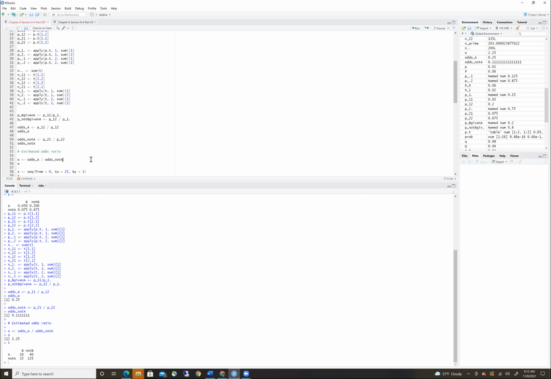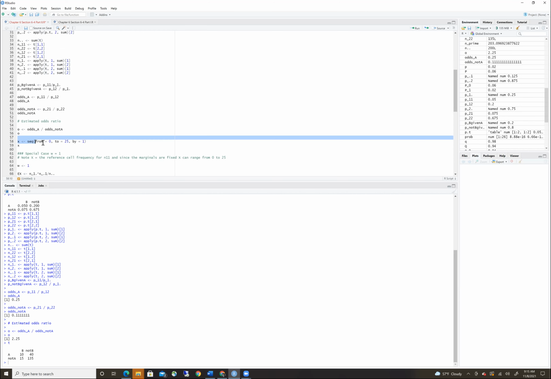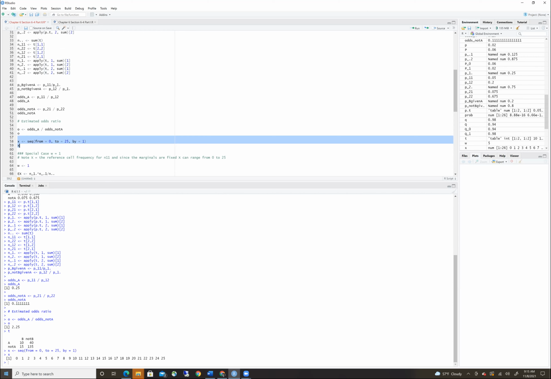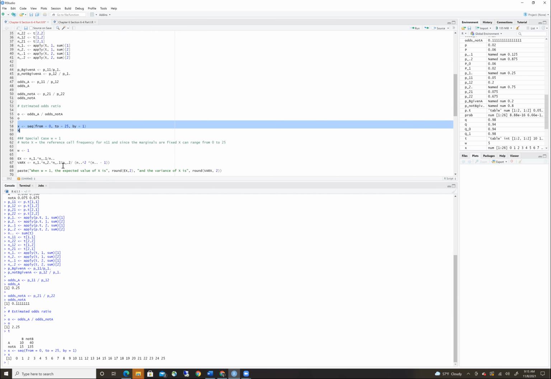So here we're setting X to be from 0 to 25, right? And we're going by 1. All right, so in a very special case where omega equals 1, the reference cell can only be as small as 0 or as big as 25.